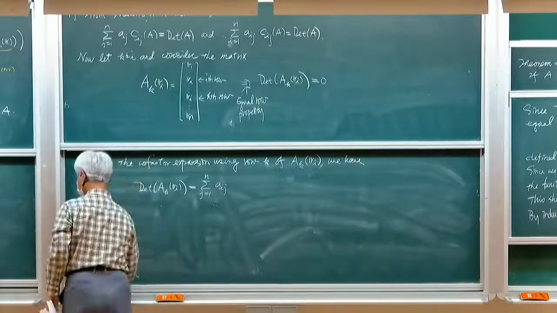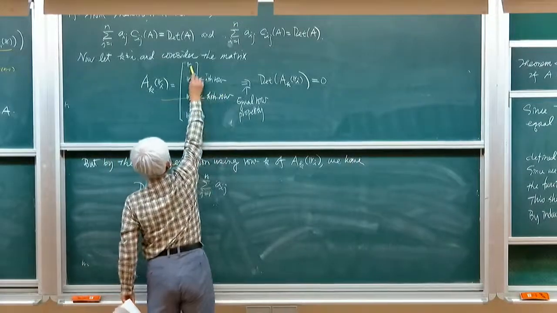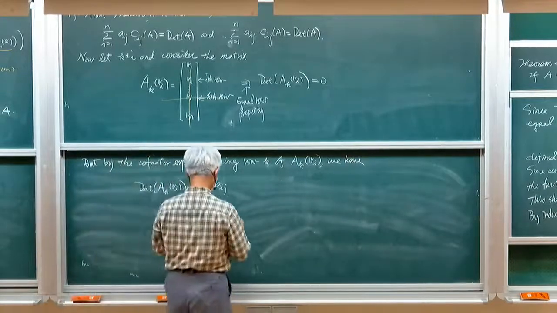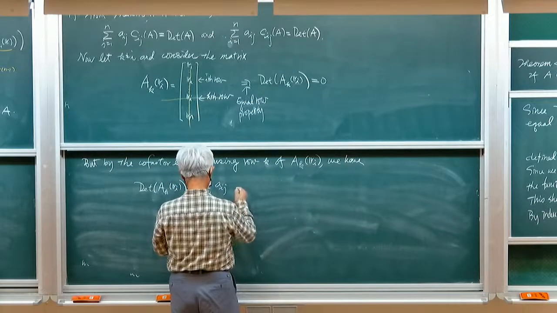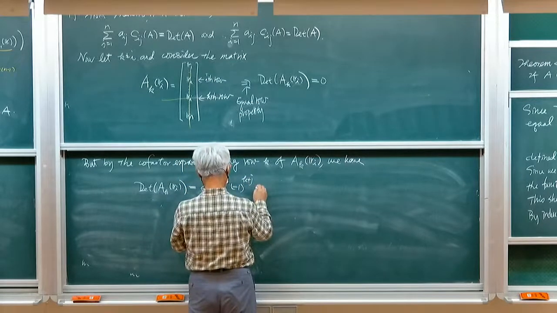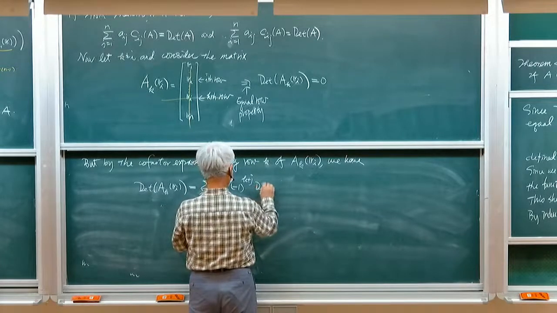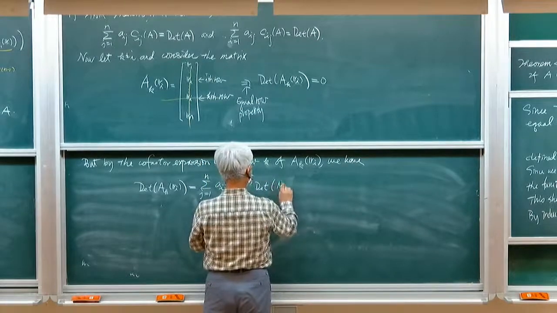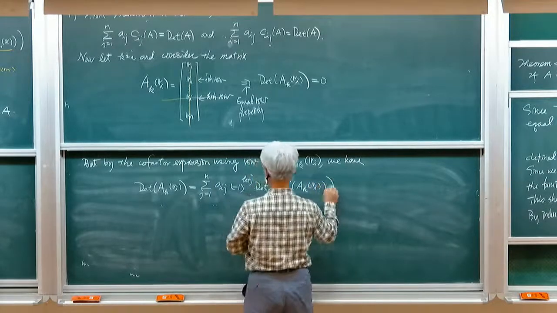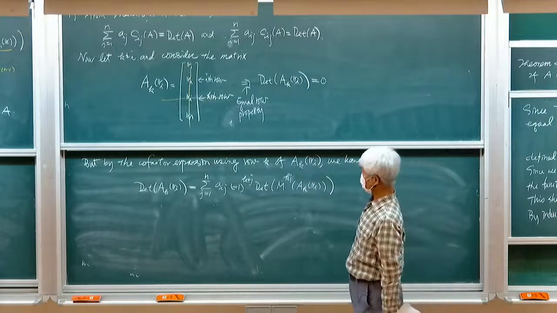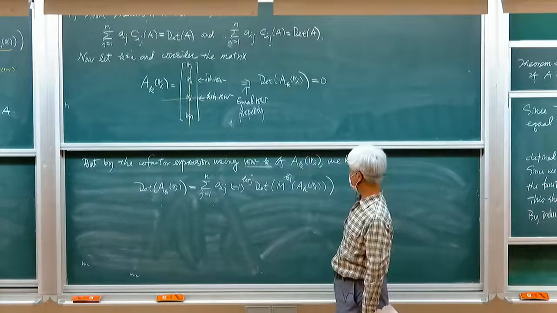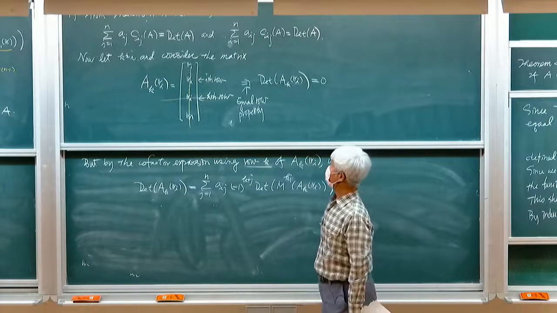So we take this one, and this is (-1)^(k+j) times the determinant of M_kj of A_ki, by the cofactor expansion using row k.